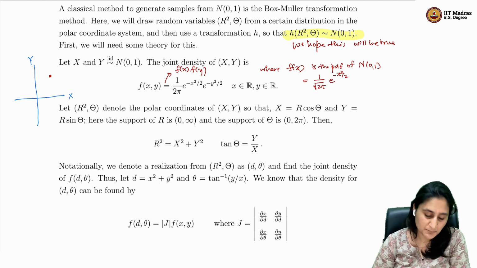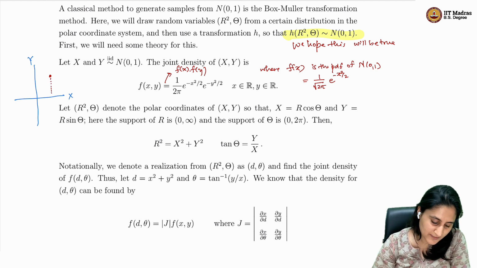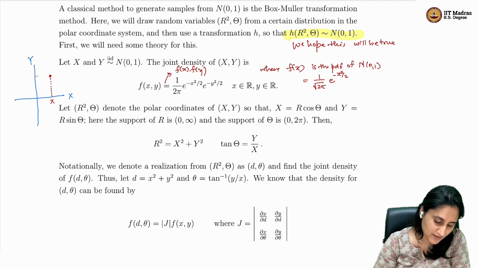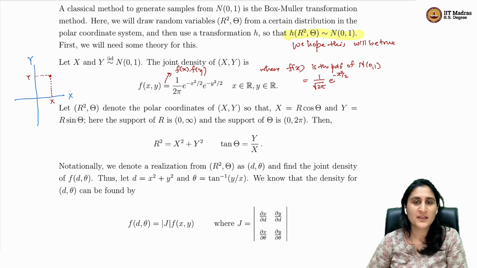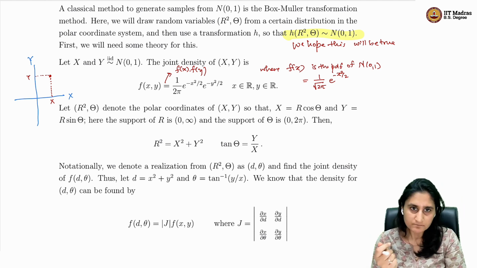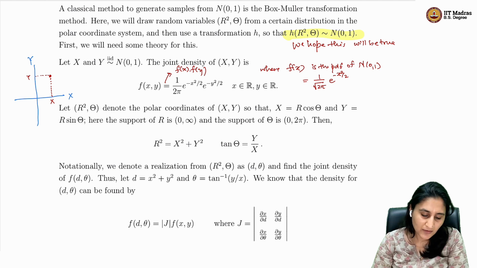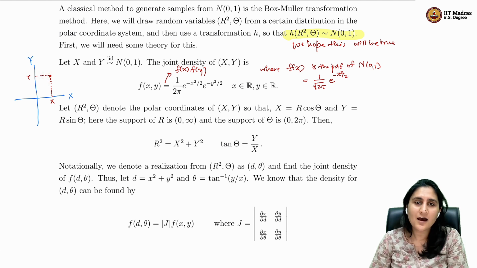This point has its x value as this and its y value as this, and it's this point over here. Now this point is on the Euclidean coordinate system, in the sense that it is on the standard axes of x and y. The question is, in what ways can I describe this point? Can I find the location of this point some other way?